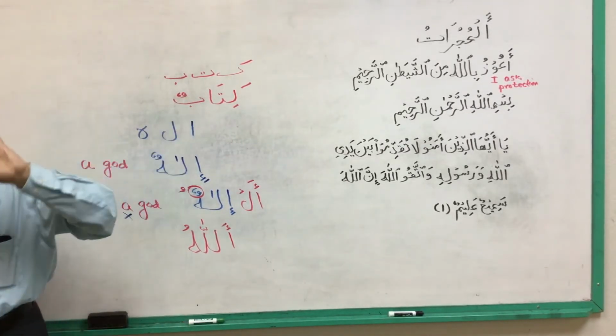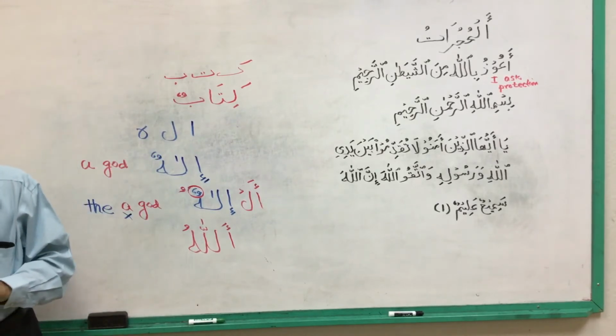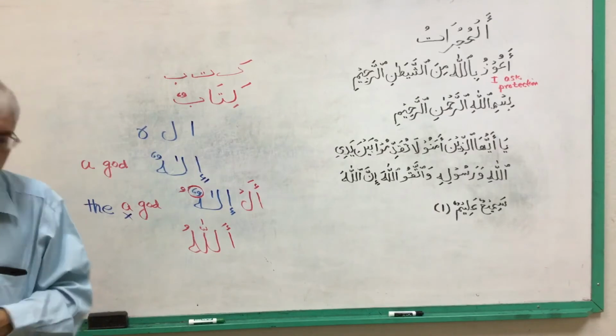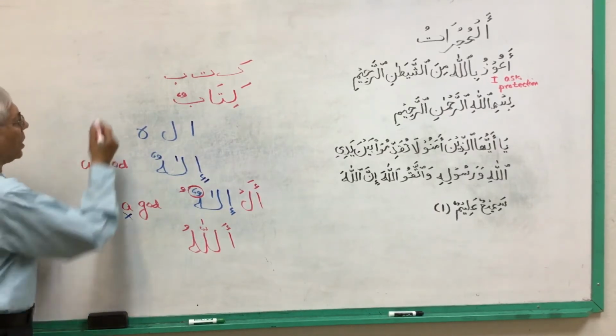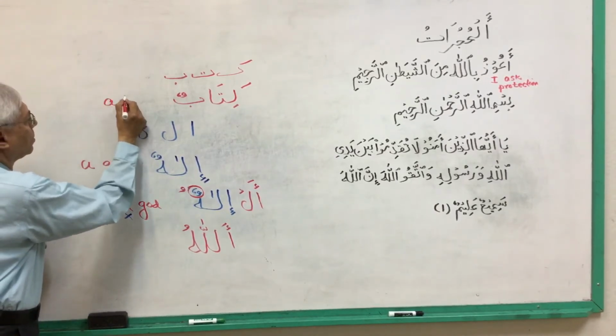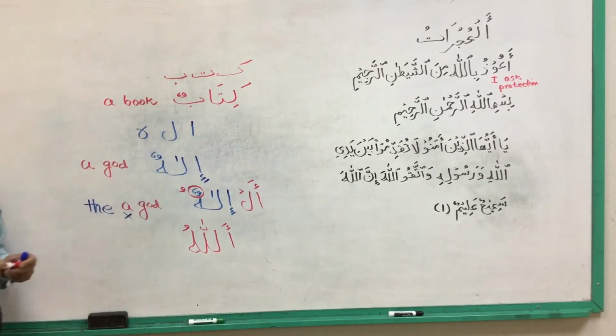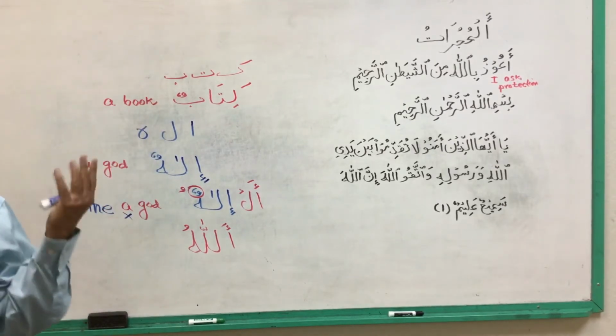If you don't put two dhammas, that word doesn't mean anything. So the full word is Kitabun. Kitabun means a book. Okay. Always indefinitely. A book, any book.